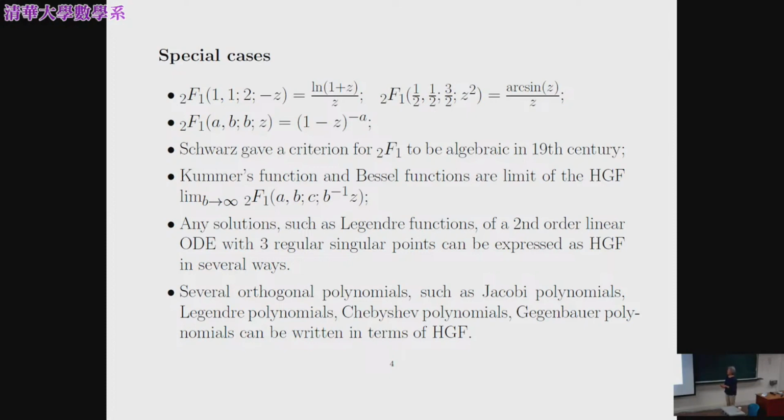Okay. And I think at the beginning people were interested in hypergeometric series partly because it covers a lot of the classical functions in analysis, such as the Bessel functions and Kummer's function. They appear as a limit of the hypergeometric function. And also, if we are given a second-order linear ODE with 3 regular singular points, then when you take any solution, you can express it using the 2F1 hypergeometric function.